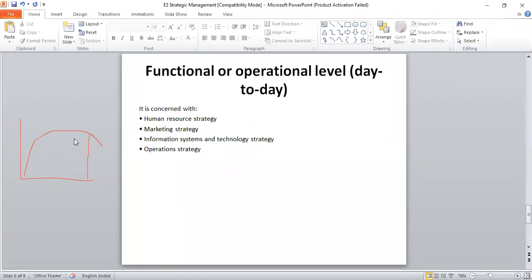Is that clear till here? Any doubts? No doubts.